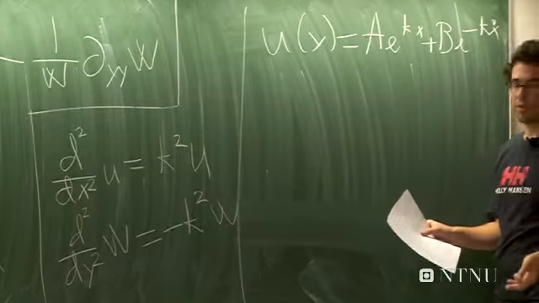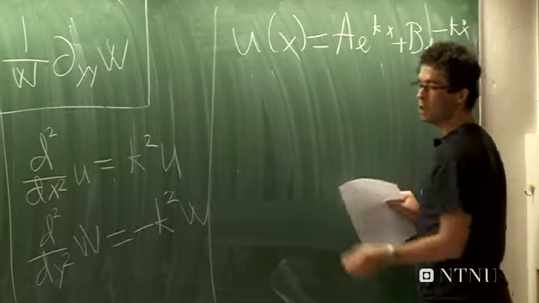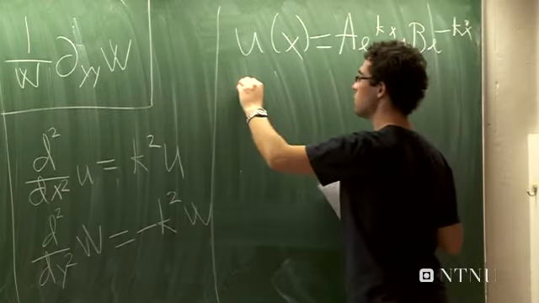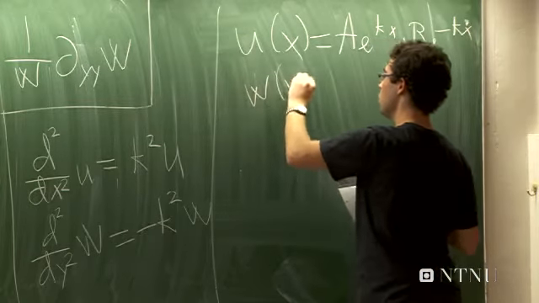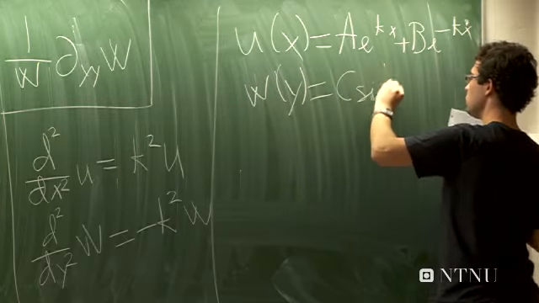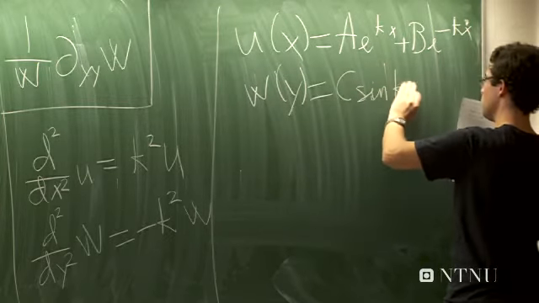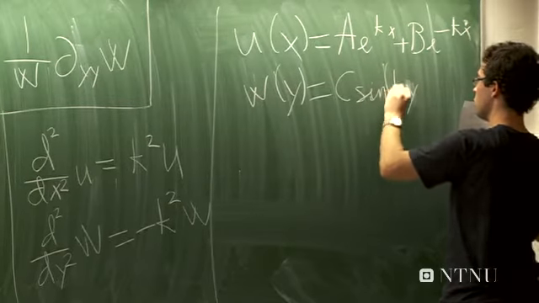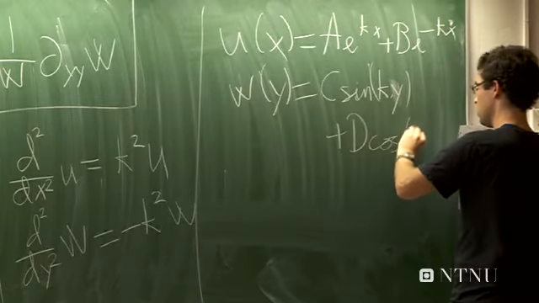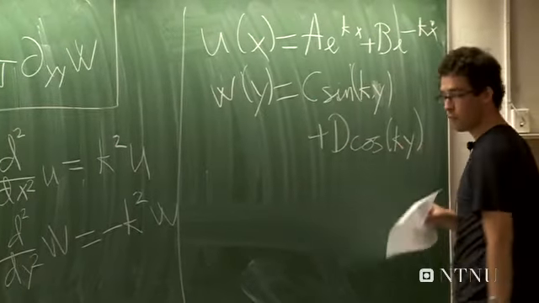And that's of course just a sum of exponentials for the x function. And for the y function, it's going to be a sum of sine and cosine functions. Like this.